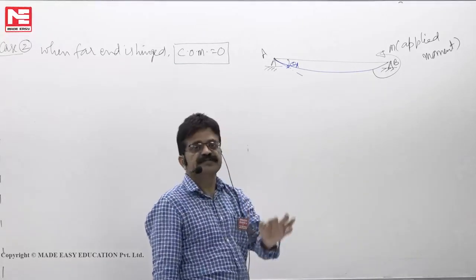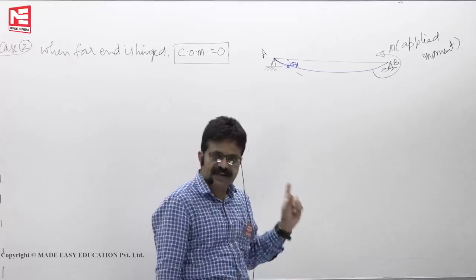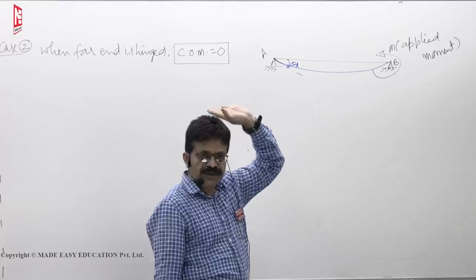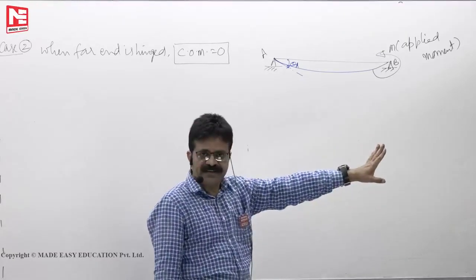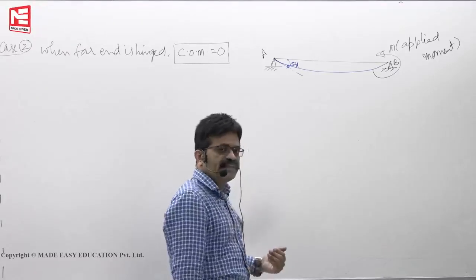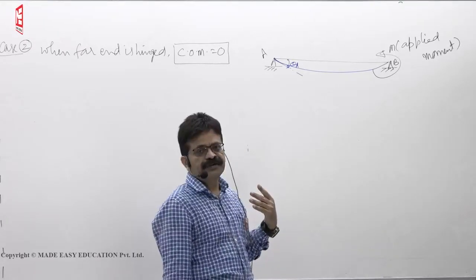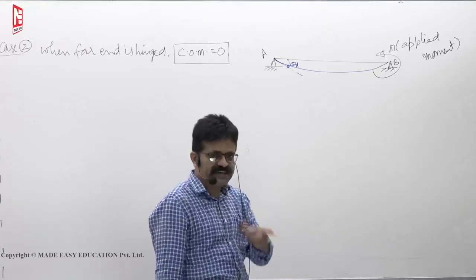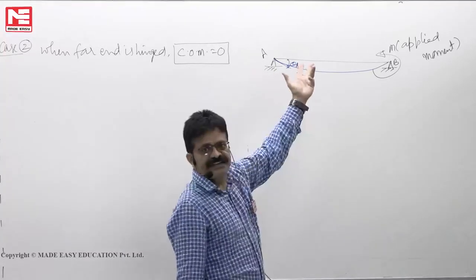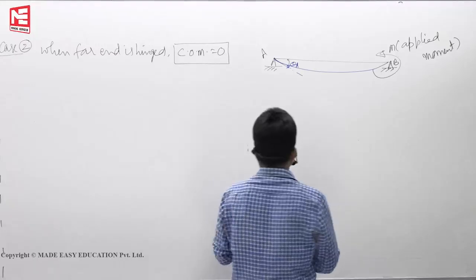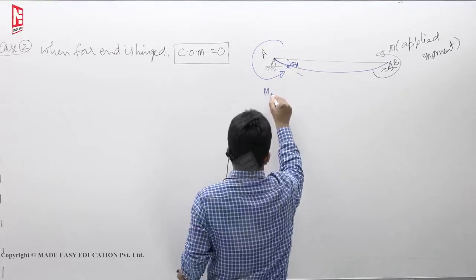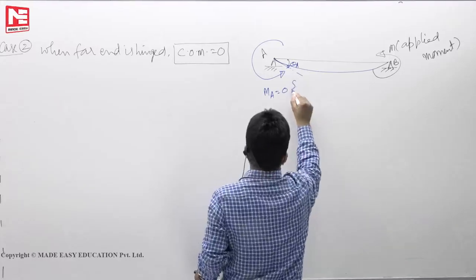Carryover moment is nothing but the reaction developed at the other end because of the applied moment. When the moment is applied at one end, how much reaction is developed at the other end, that we call the carryover moment. From SM we know there is no reaction. That means carryover moment here is 0. So here MA is equal to 0.